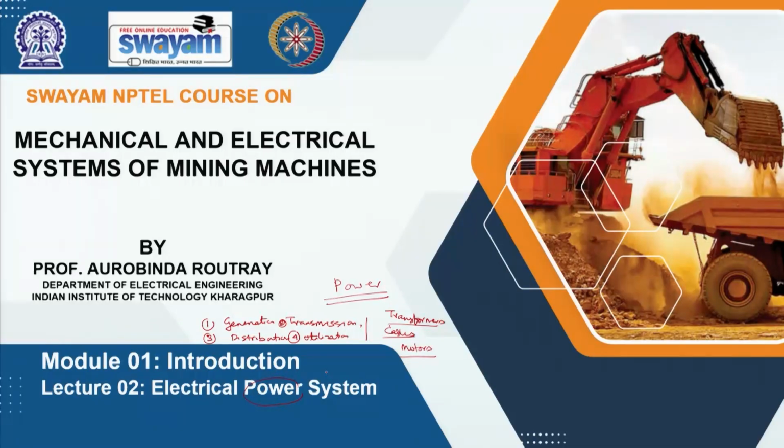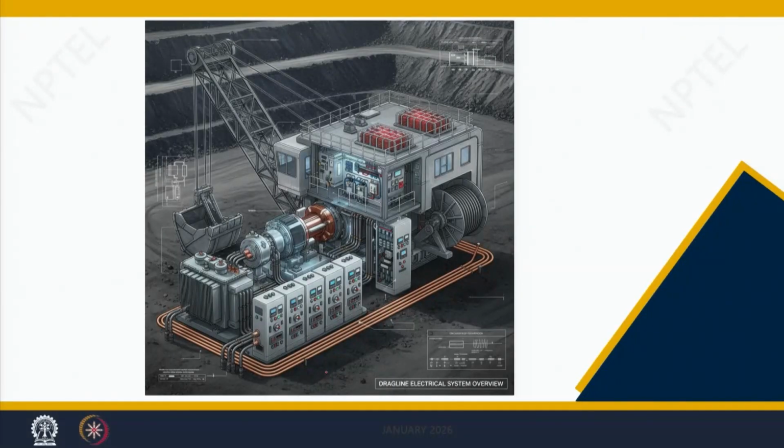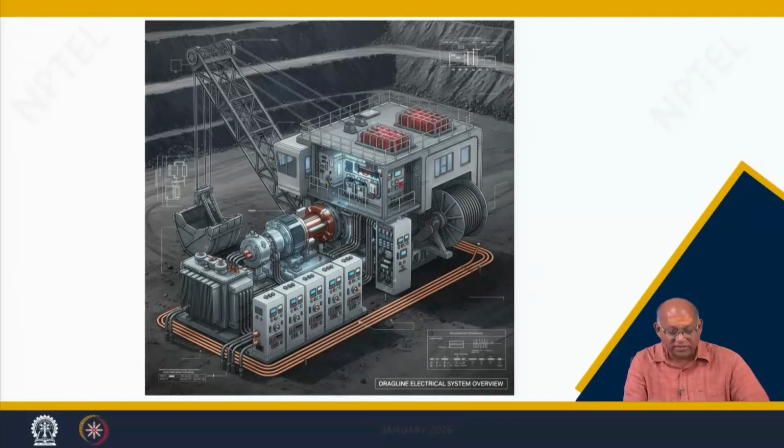Before that, let us again get a little bit of the inside of the drag line. You can see this is the drag line, and you can see how the motor looks, it is a huge motor, like a powerhouse. There are a lot of cables, and this is the cooling system. This is a dissection of a drag line, and there are a lot of towers, power converters, with control and switchgears, everything is here.